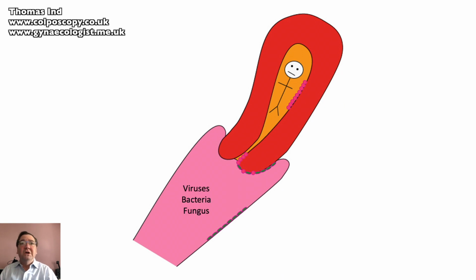Now, in your vagina live viruses, bacteria, and fungus. It doesn't sound very nice, but everyone's got it, and we call it the normal flora. And some viruses get into your vagina from intimate activity, and that is quite a normal function. And one of these viruses is called the HPV, or the human papillomavirus.